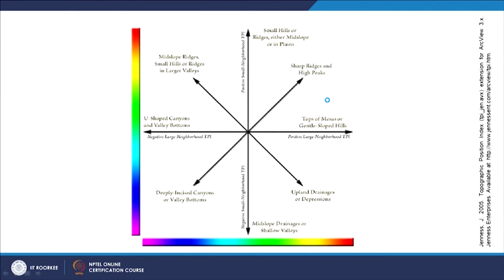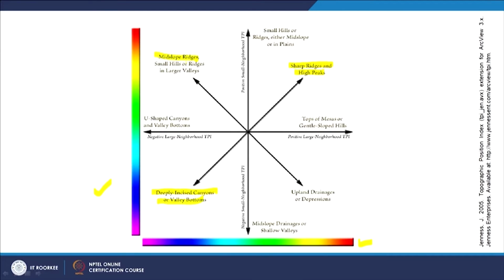So, in summary, these are the values which are shown, the TPI on both the x and y scale, and as you move in these 8 directions, you get different classifications. So, like slope, these are sharp ridges and high peaks, opposite to this are deeply incised canyons or valleys.